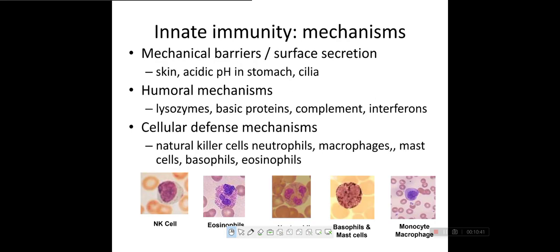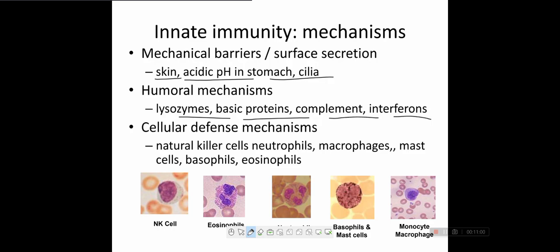Innate immunity mechanism. Mechanical barrier: what is present? Skin, acidic pH in the stomach, cilia. Humoral mechanism: lysozyme, basic proteins, complement, interferons.